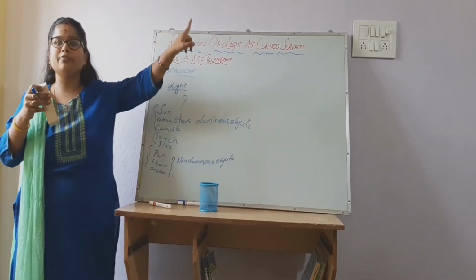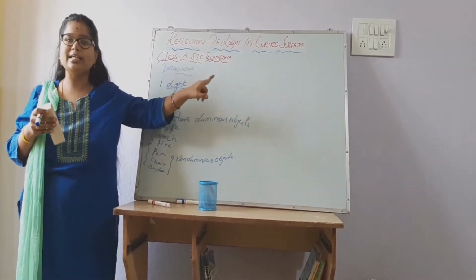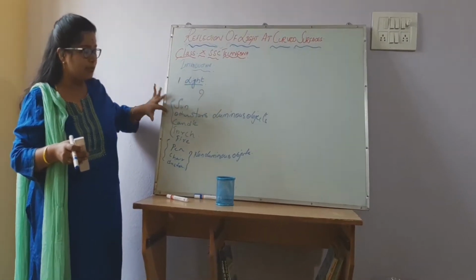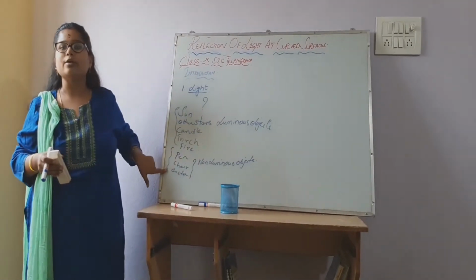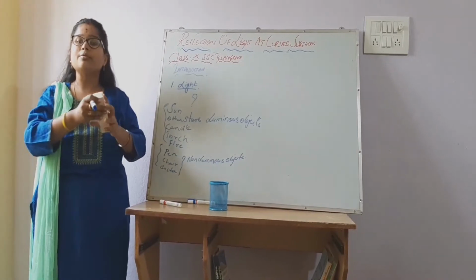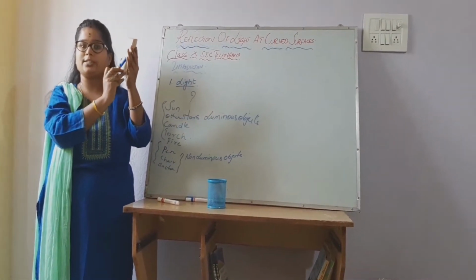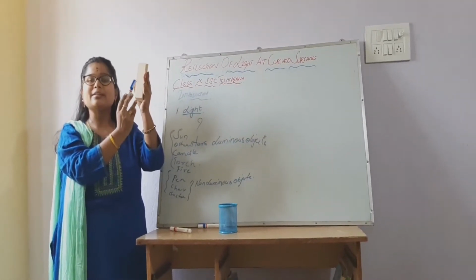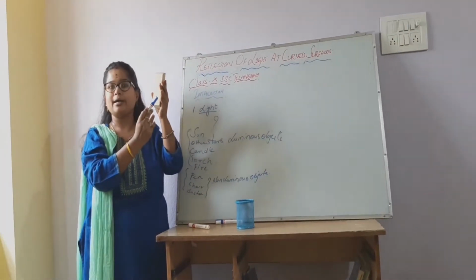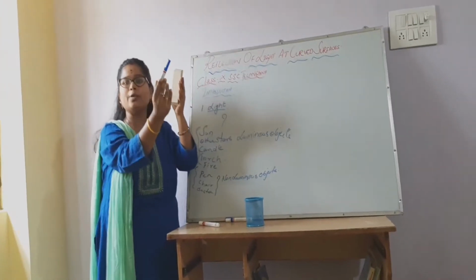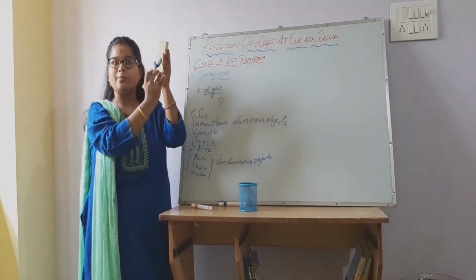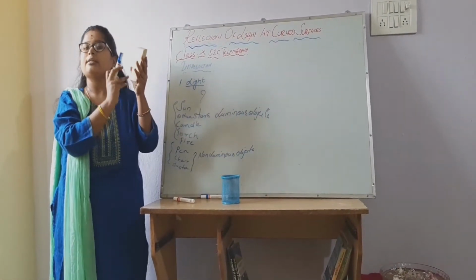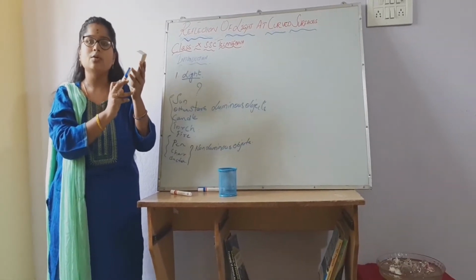Even if I switch off the light, you can't see the writing I am doing on the board. The light strikes the non-luminous objects and is reflected back to your eye, then you can see the object.